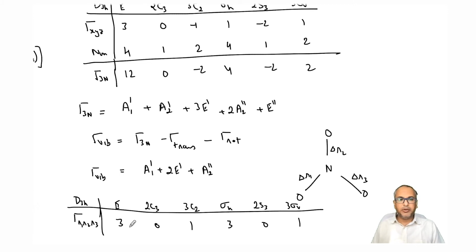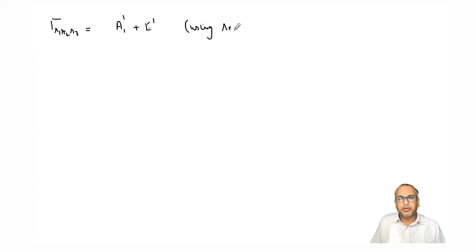And now I can reduce this to get the component irreducible representations. If I do that, tau R1, R2, R3 is broken up into A1 prime plus E prime using the reduction formula.